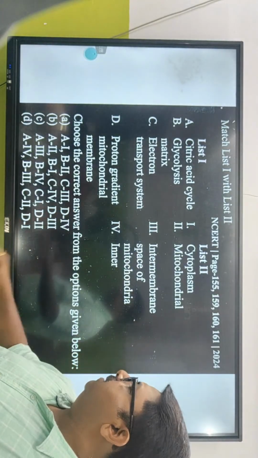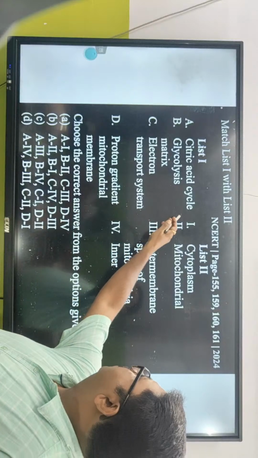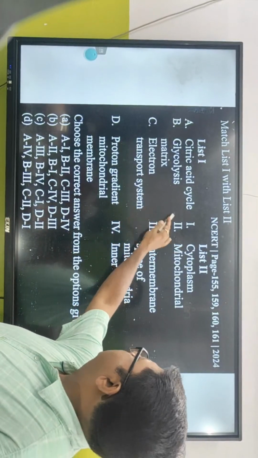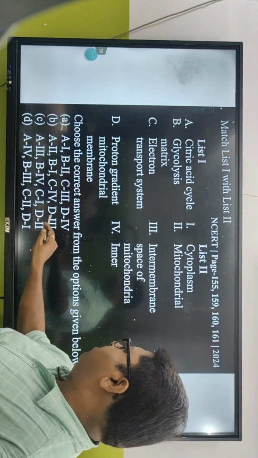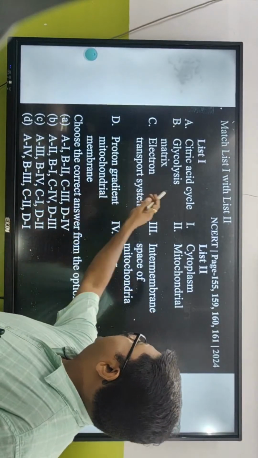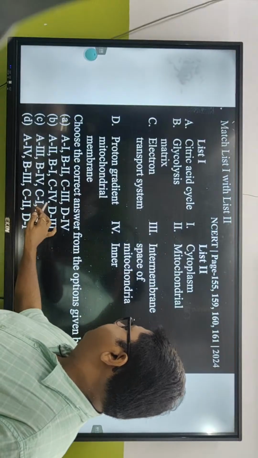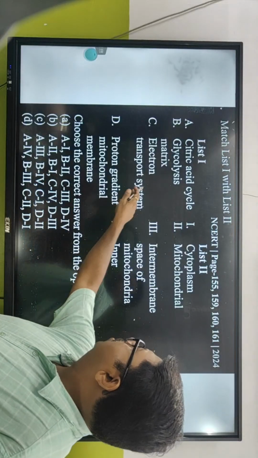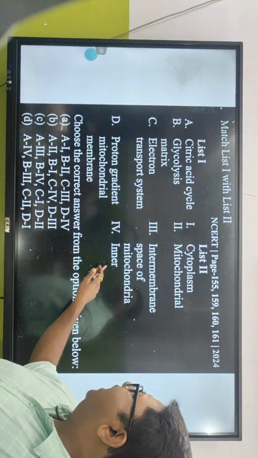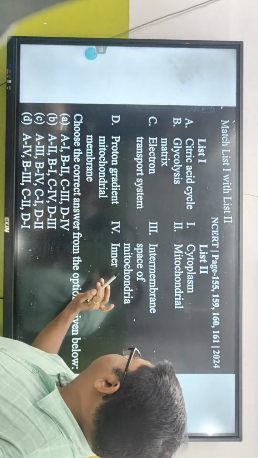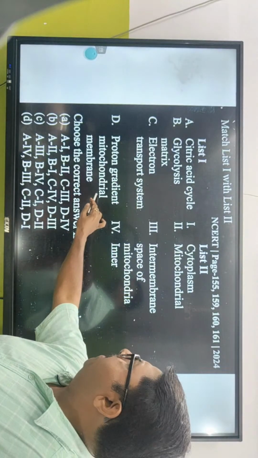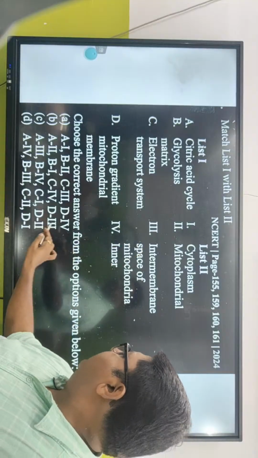Answer is A1 না, glycolysis B1, কোথায় আছে B1? A2 mitochondrial matrix, A2, so answer is B. A2, B1, C4 electron transport system, inner mitochondrial membrane, ঠিক আছে। আর inner membrane space proton carrying mitochondrial membrane D3, answer is B.